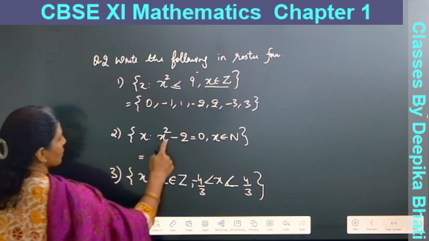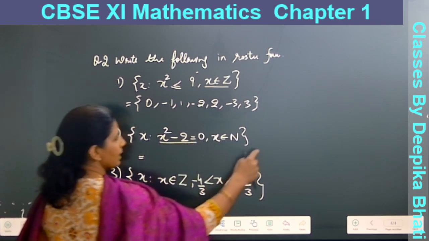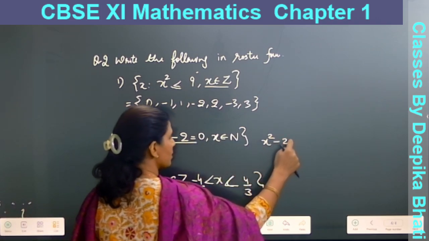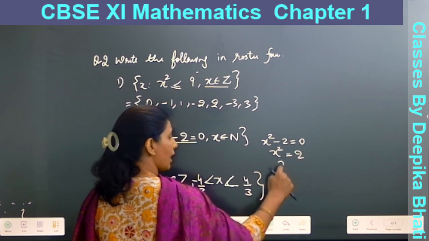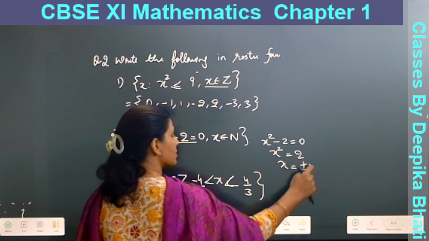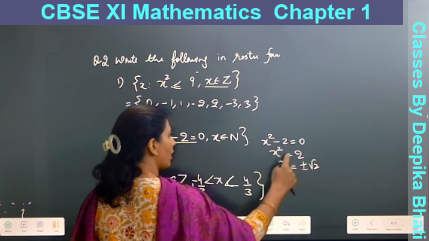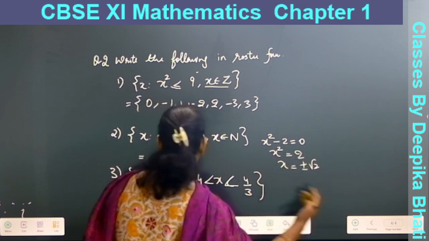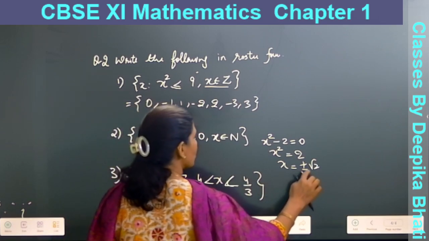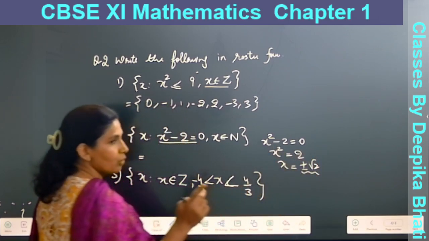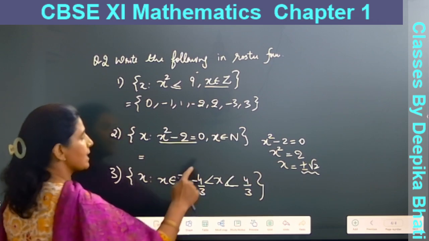No. So if we solve this, basically x square minus 2 is equal to 0, x square is equal to 2, x is equal to plus minus root 2. Whenever we remove a square, we keep a root on the right side of the number, right? But these two numbers, root 2 and minus root 2, are not natural numbers.